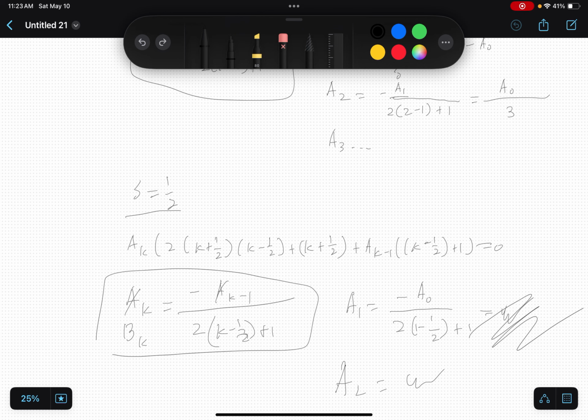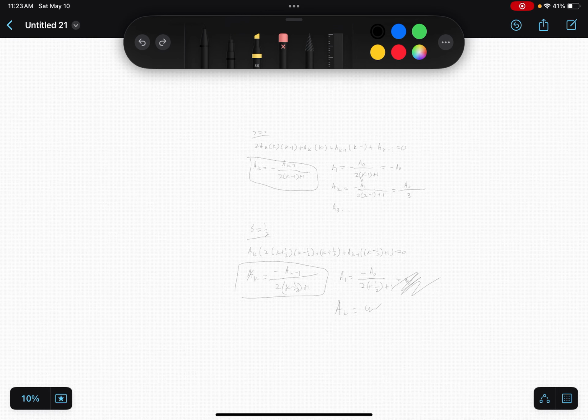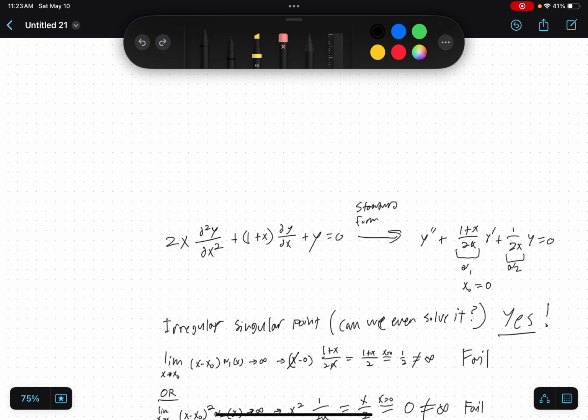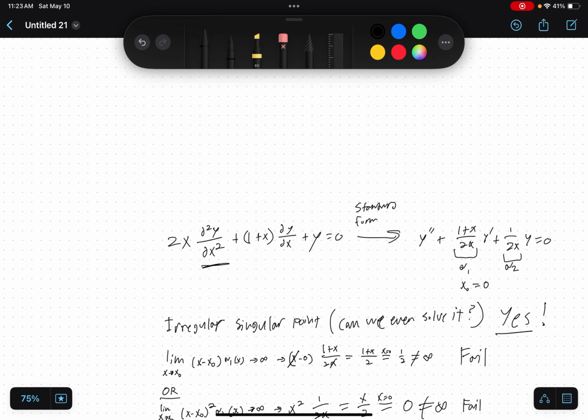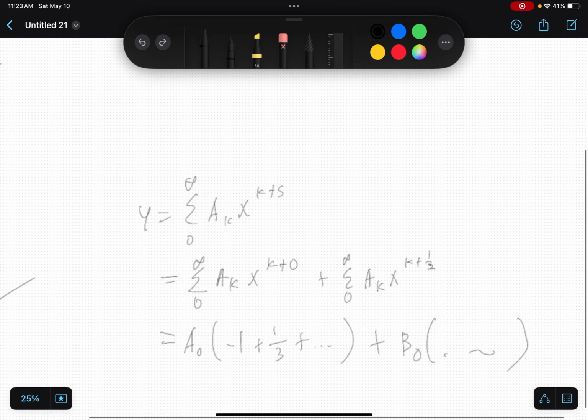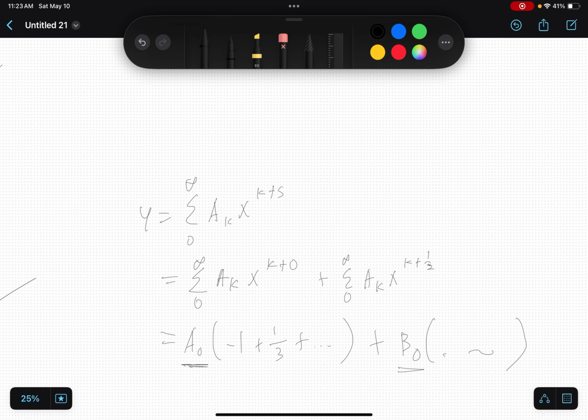I think that's right. The reason is that our differential equation had a second derivative, which means we should have two constants, a and b, in our solution form. This is one constant, and this has to be a different constant, I think.